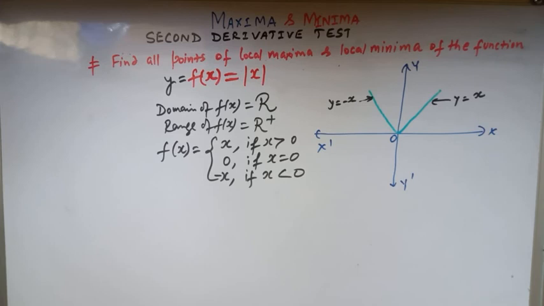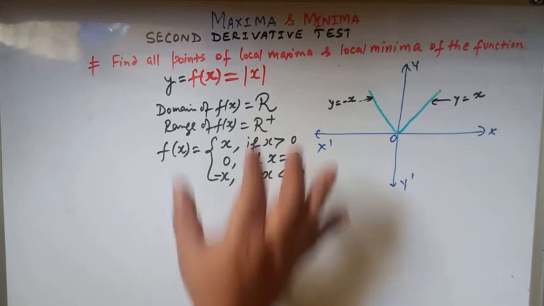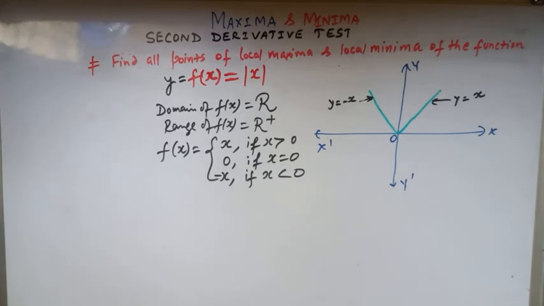Now we are interested in finding out the maximum and minimum values of this function. From the graph we see that the function f has a minimum value 0. Clear?